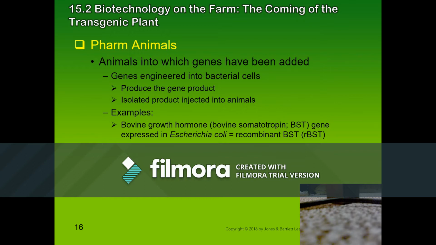One place this is very widely used is in bovine growth serum. Again, the gene is first made in E. coli and then expressed and used to inject into the animal.